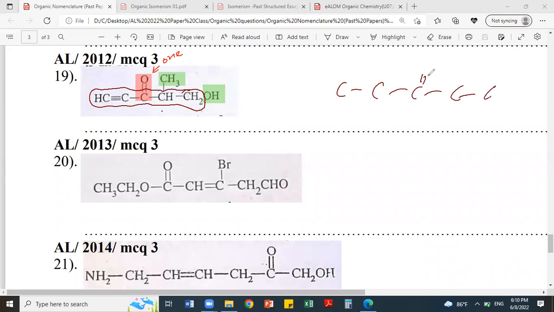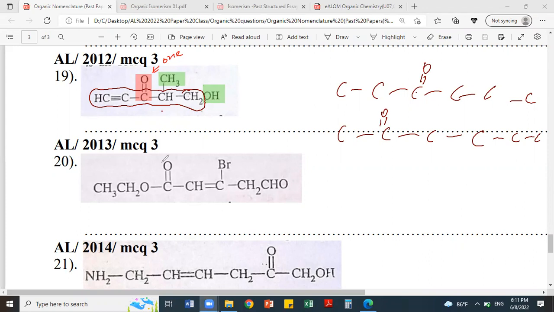Oxygen can be attached to this carbon, or to any other carbon here. If I make 1, 2, 3, 4, 5, 6, you can have oxygen anywhere. That's why you can't start numbering from the ketone group or oxo.